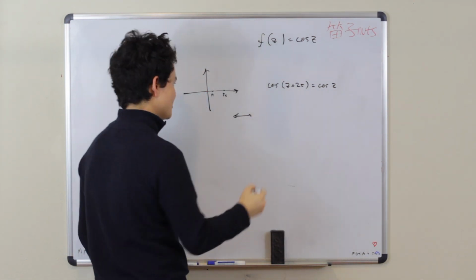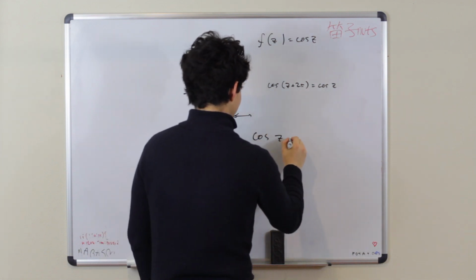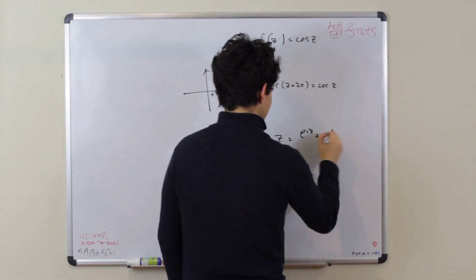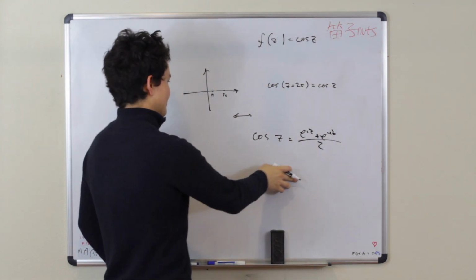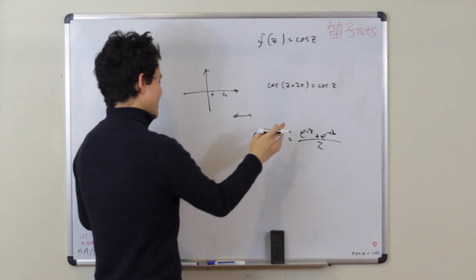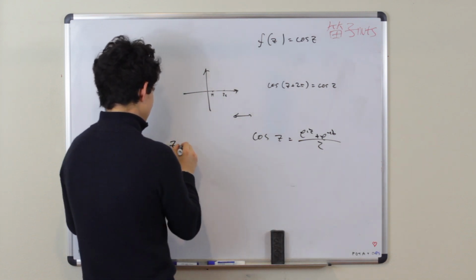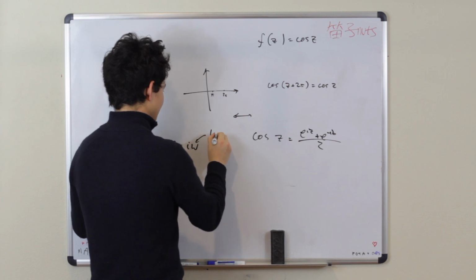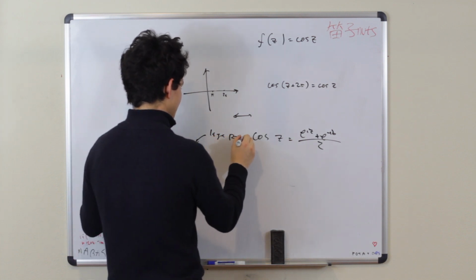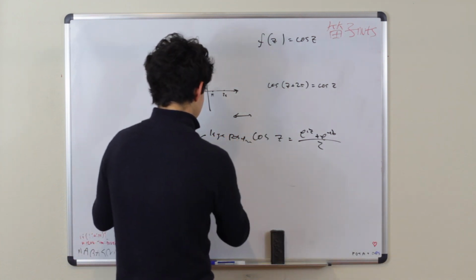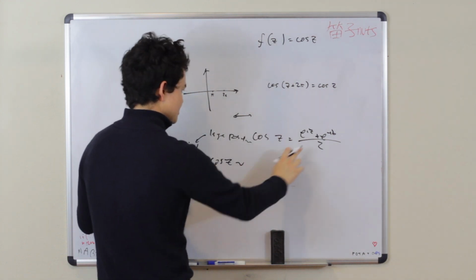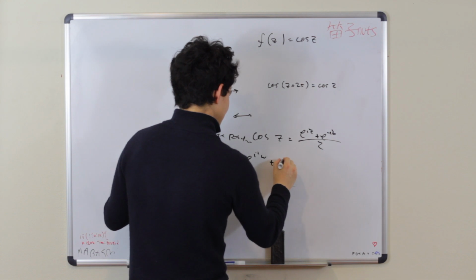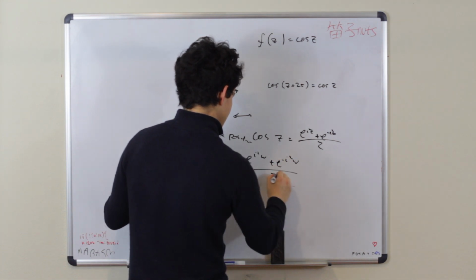In fact, if we go back to the definition of cosine, skip this if this is obvious to you, but typically this is how we define it in terms of complex exponentials. And if we let z equals i times w, where w is a large positive number, then cosine of z becomes approximately e to the i squared times w plus e to the negative i squared times w over 2.